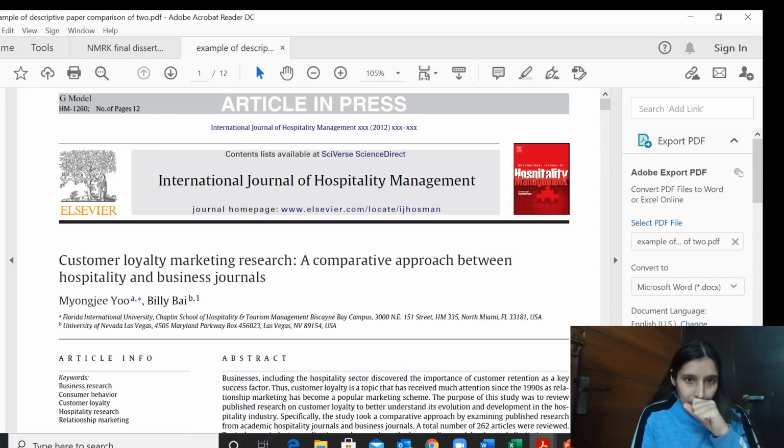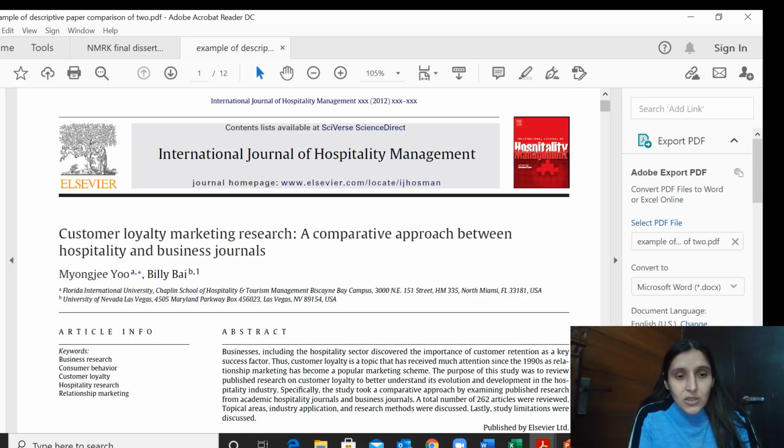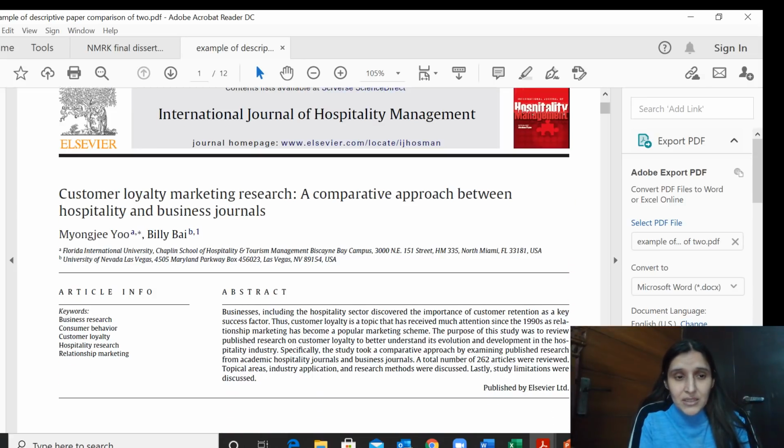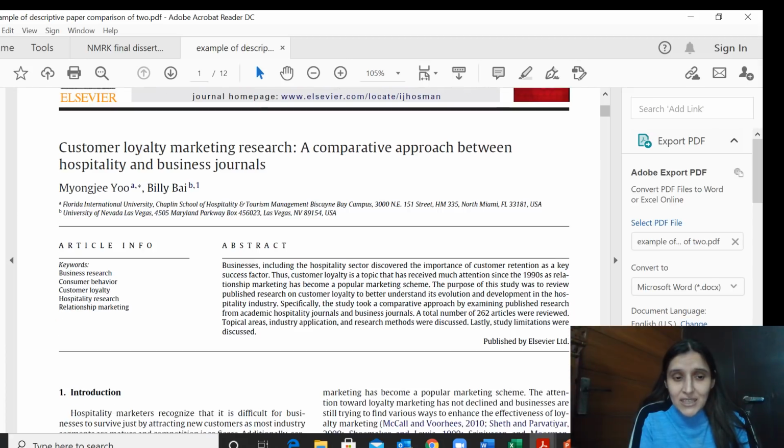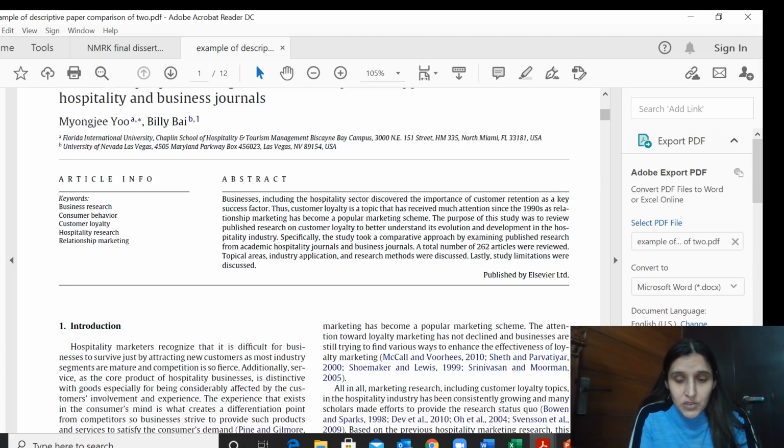It is an ABDC listed, Scopus indexed research paper from Elsevier, which is a very famous publisher, and it studies customer loyalty marketing research, a comparative approach between hospitality and business journals. Suppose this is the paper.